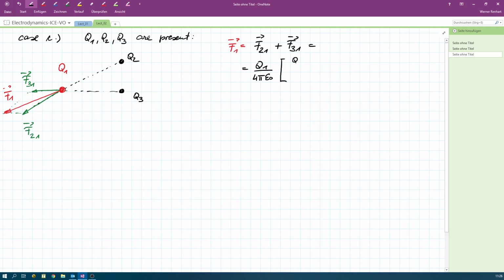Then we have from the second force Q2 e2,1 over r2,1 squared plus Q3 e3,1 over r3,1 squared, and the square bracket is closed. So this is superposition, a vectorial addition.